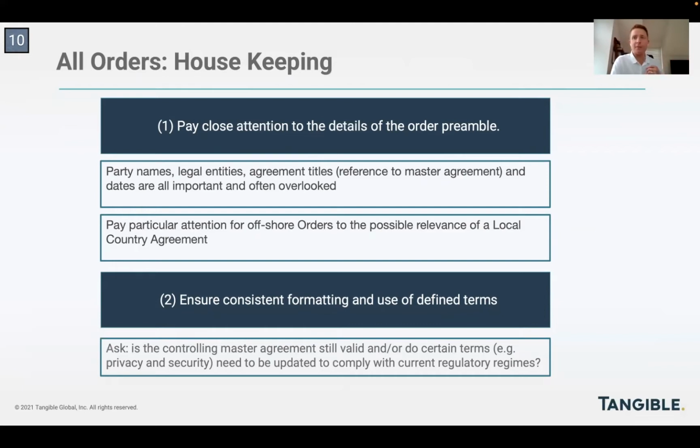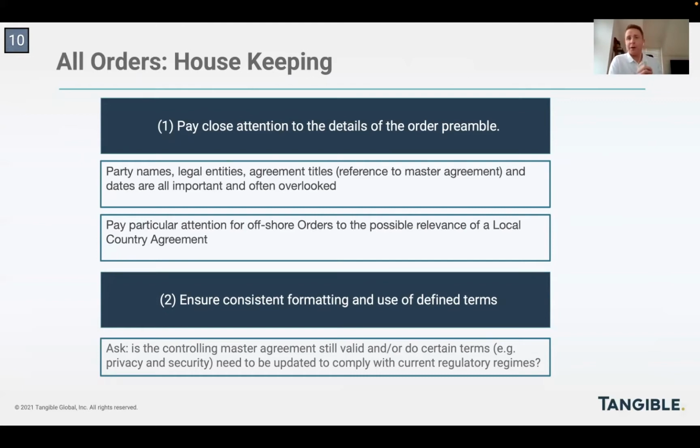And when reviewing the preamble, the specific points to consider include the parties' names, legal entities, other agreements being referenced. And the task here is to make sure that everything is used consistently, that the dates are correct, that agreement names are correct, and that everything connects properly as it should.